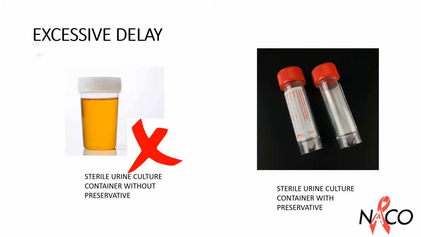The specimen containers which have boric acid as preservative maintain the microbiological quality of the specimen and prevent overgrowth of organisms during transport to the laboratory. However, the laboratory has to ensure that minimum 3 ml of urine is present in the container for proceeding with the testing, since boric acid may inhibit certain types of organisms.